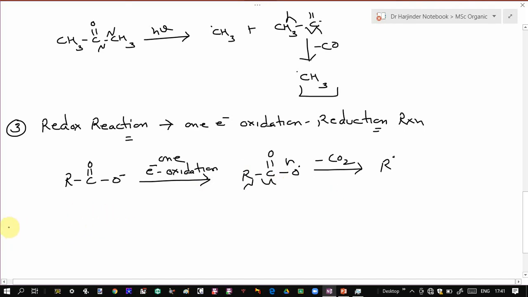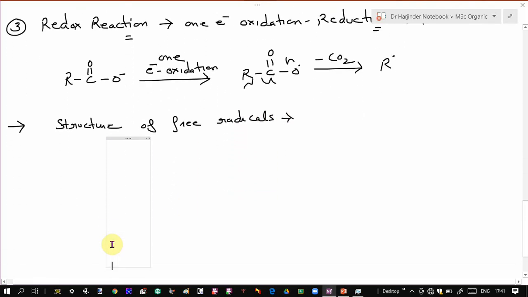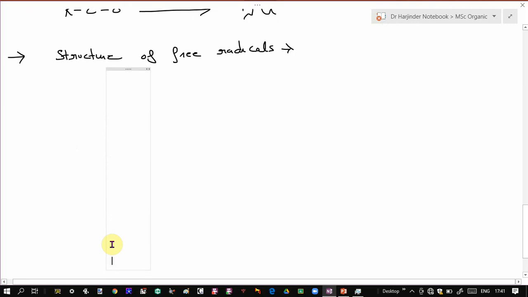Now let us look at the structure of these free radicals. In these free radicals, there is one unpaired electron, and since we are dealing with organic chemistry, we are dealing with carbon free radicals. So we will just discuss the structure of carbon free radicals. Now these carbon radicals may have sp2 hybridization or they may have sp3 hybridization.